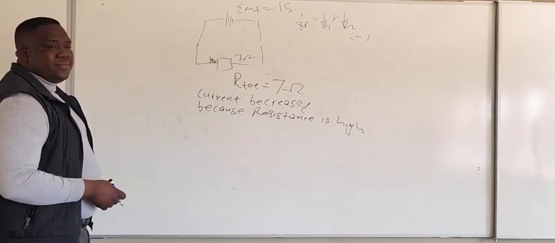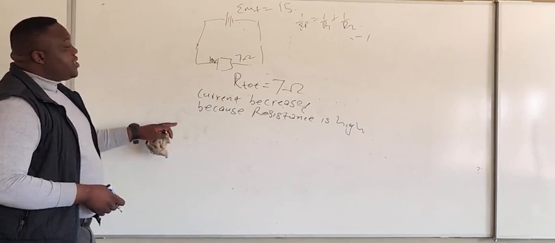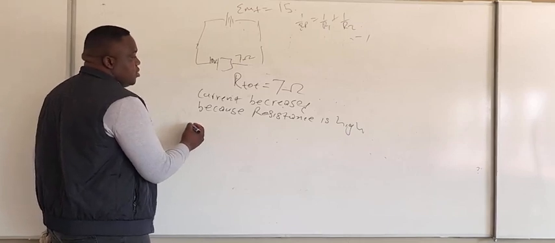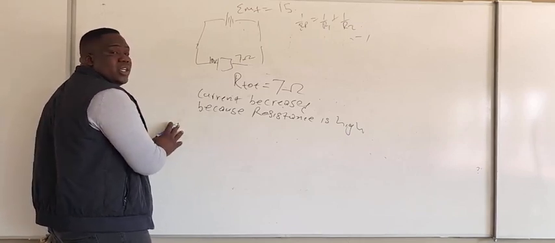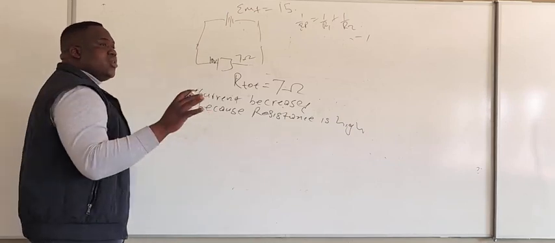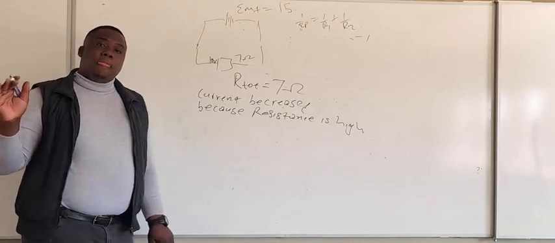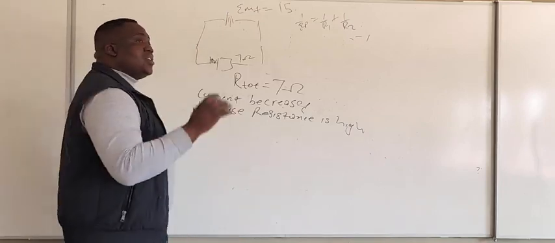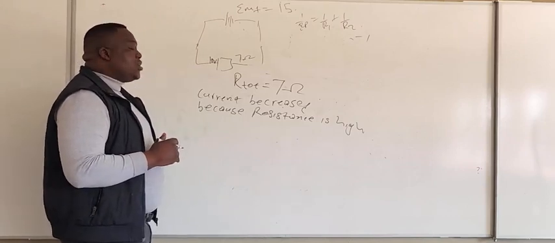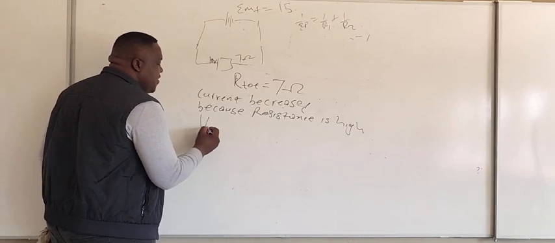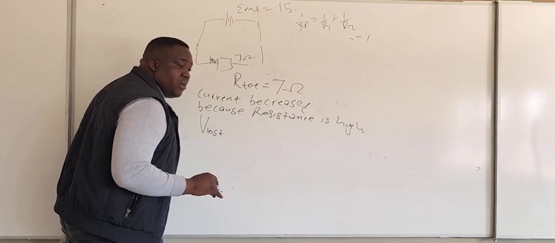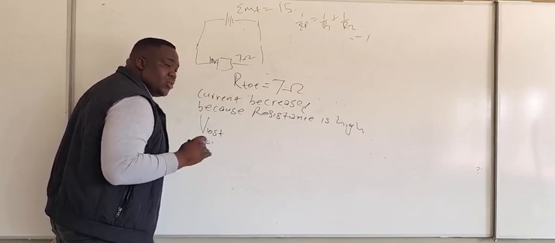Then what else will happen? When resistance becomes high, current is going to decrease. When current decreases, it means this time the battery is no longer doing more work. Since the battery is no longer doing more work, the battery is not going to lose more energy.